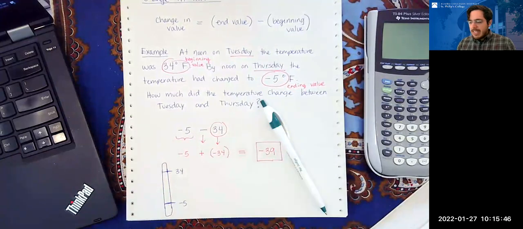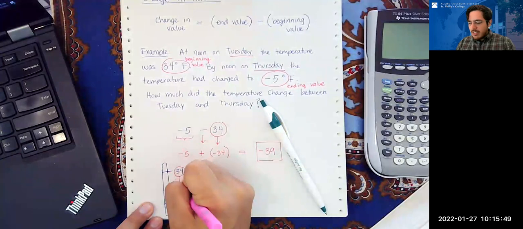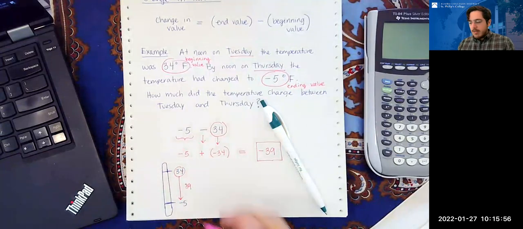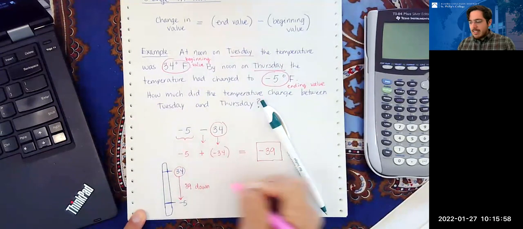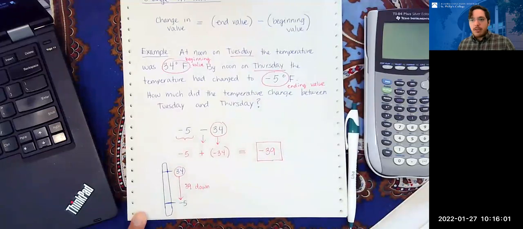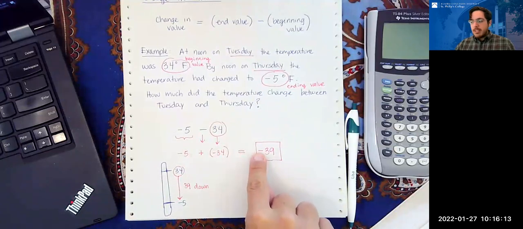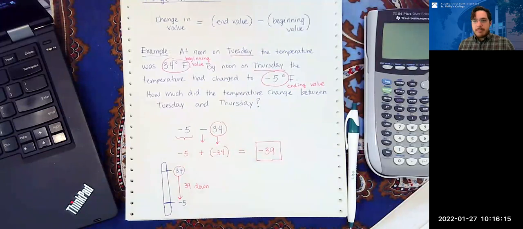To go from my beginning value to this value, I had to have gone 39 units down, but down implies negative, like left implies negative. So that's why my change in value is a drop of 39 degrees, right? So the negative sign is sort of like saying we dropped 39 degrees. Does anybody have any questions about that one?